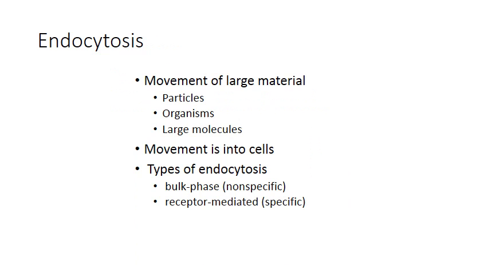I'm continuing this without the class. Endocytosis is the movement of large material. So this is large molecules or macromolecules, organisms. This could be little bacteria or something that the cell's eating, and particles. And this can be things that the cell doesn't want, kind of dirt, or things that it wants to break down to use for raw material.